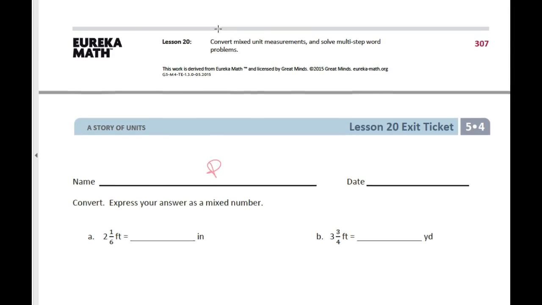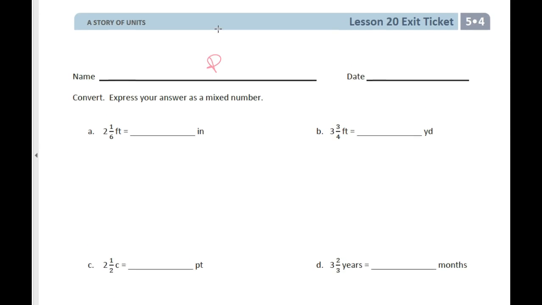Pick a letter. And as a mixed number. So if you have an improper fraction at the end, you have to turn it into a mixed number. So, show steps, very important. All right, see you tomorrow.